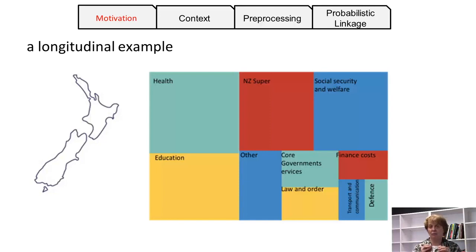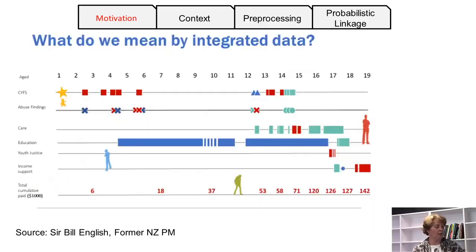So let me explain, kind of as a motivation for what we're going to go through in just a minute, what this means. So this is an example. The age of an individual is at the top line, aged 1 through 19. And you can see down the vertical column the different administrative programs that this individual has touched.